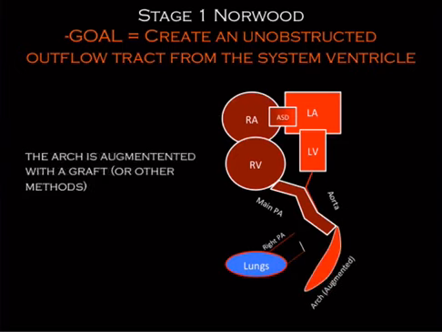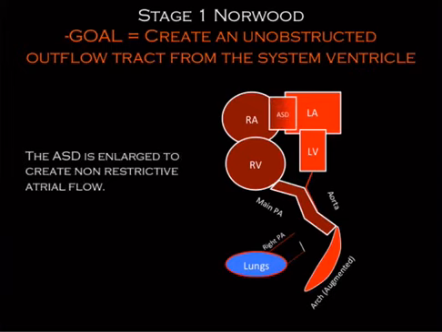The second thing that's done is that they try to make the arch bigger, so they put a graft or augment it in other ways. And then finally, the ASD is enlarged, and that helps create less restriction to the flow there. So you're basically trying to give the systemic blood a way to get out. That's the primary objective of stage 1.